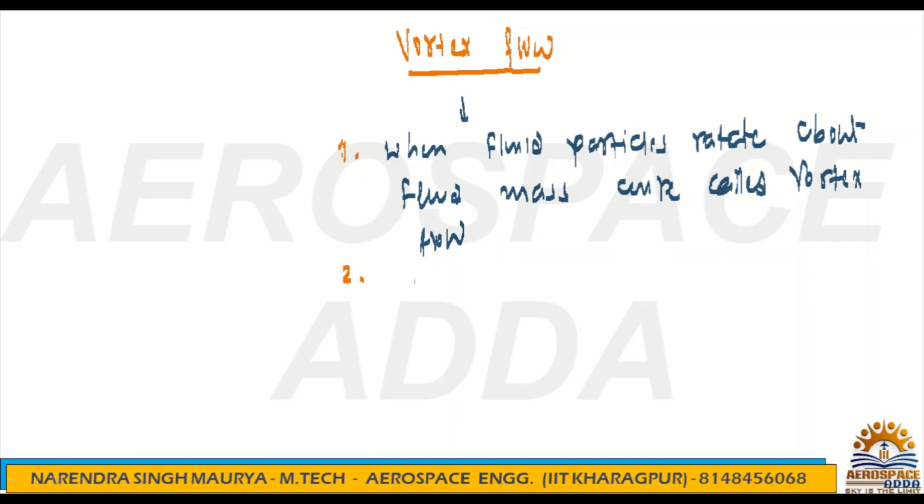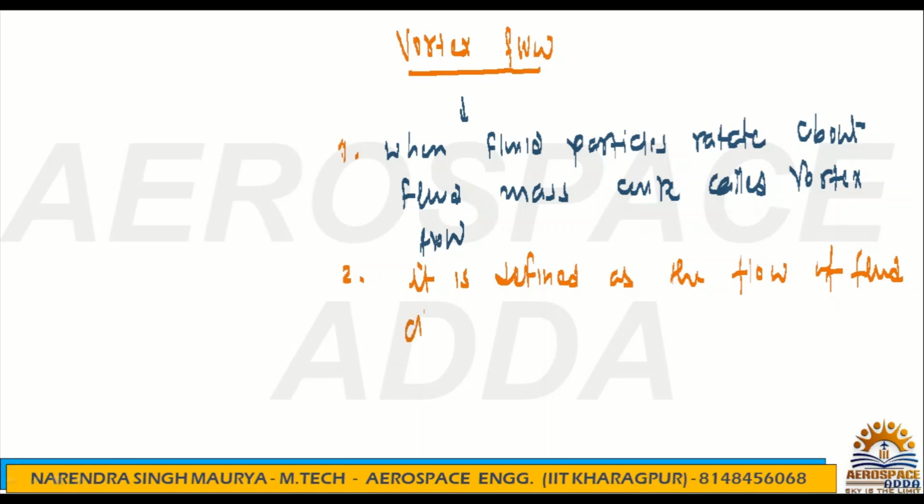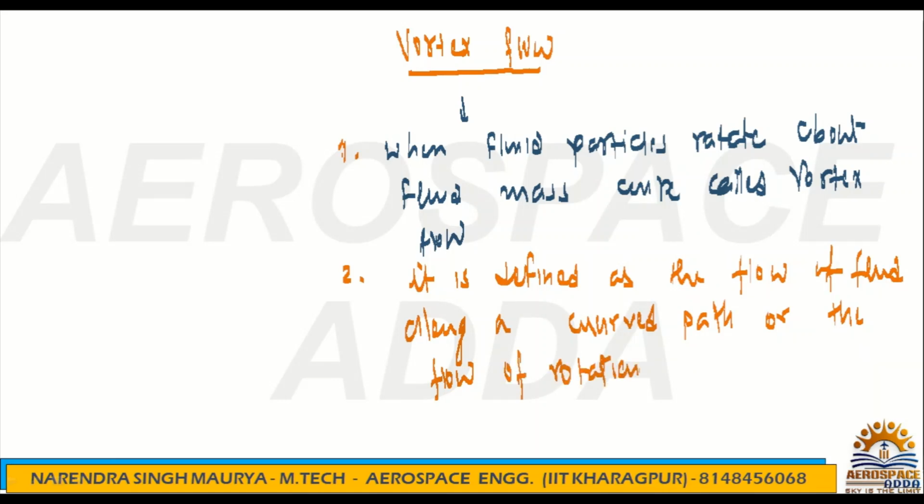The vortex flow is defined as the flow of fluid along a curved path, or the flow of a rotating mass of fluid.